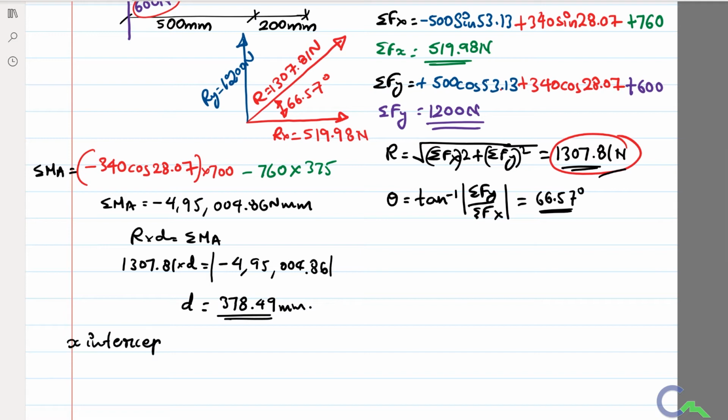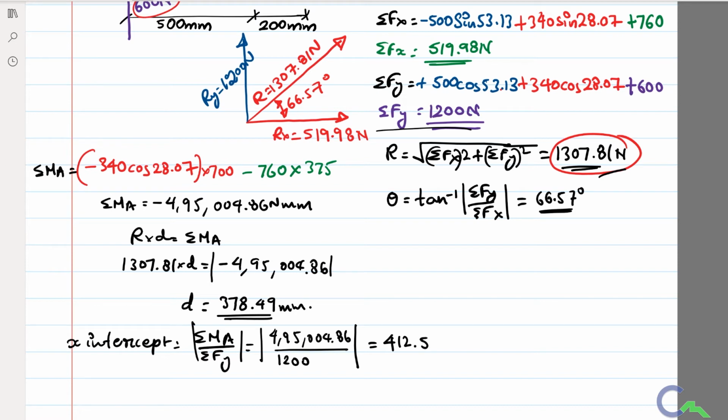So x intercept is equal to sigma MA divided by sigma Fy, that is equal to mod of 4,95,004.86 divided by sigma Fy, we got 1200 Newton. So if I substitute those values, we will get 412.50 millimeter.